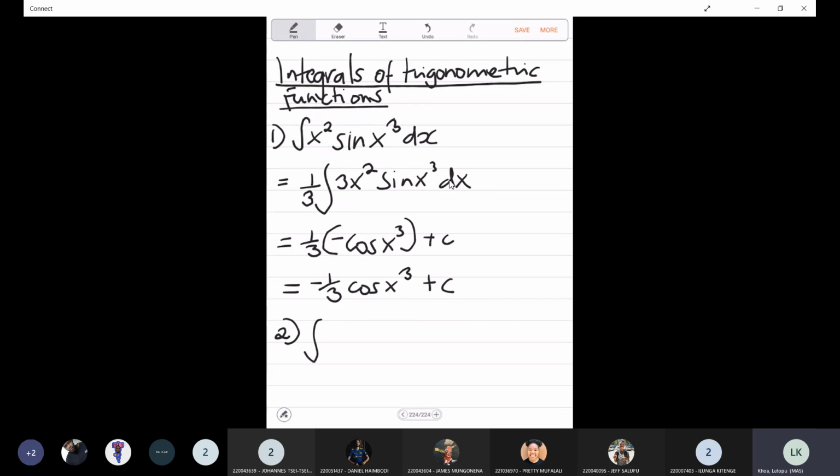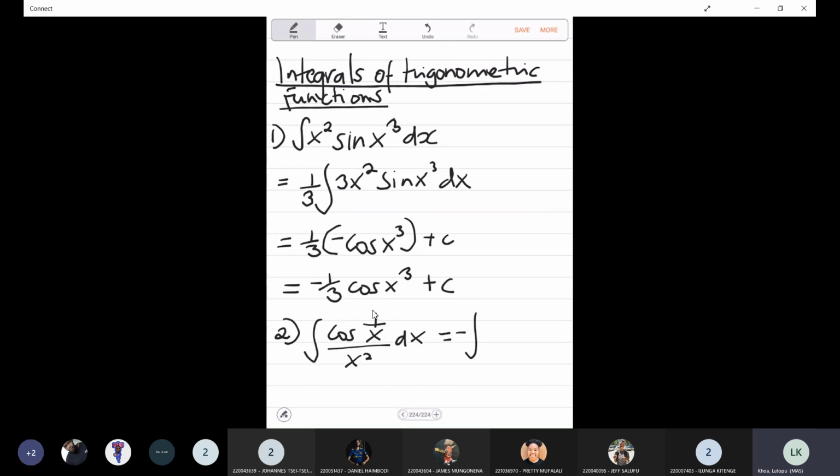2, the integral of cos of 1 over x over x squared dx. So again, here, if I differentiate 1 over x, I would get negative 1 over x squared. But what I have here is positive, so a negative is missing. So I can put a negative here and another negative there so that I don't change the question, but it is in the form that I want it.